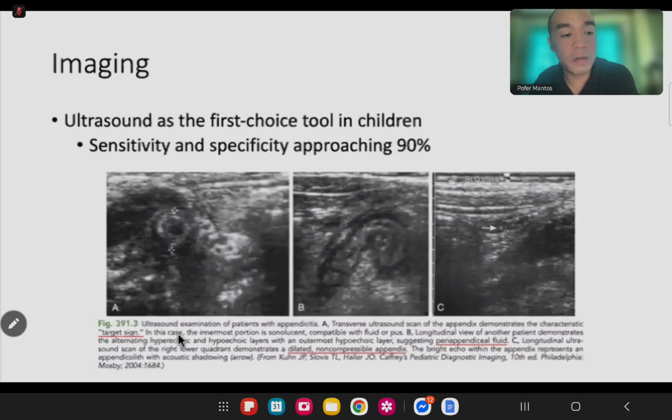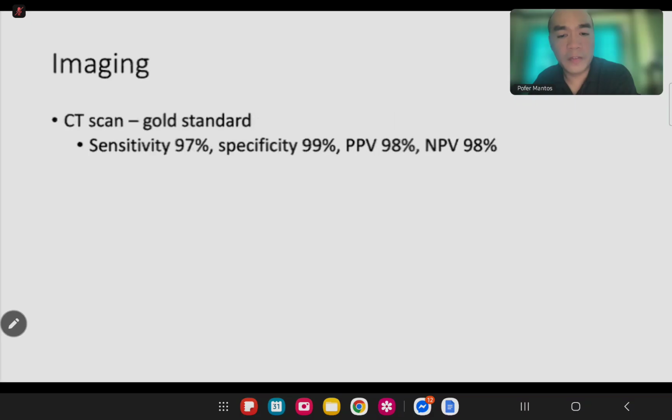So these are the signs, no, of appendicitis: the target sign, periappendiceal fluid, and a dilated non-compressible appendix. And that's why the gold standard should be the CT scan, which is very sensitive and specific, no? Although it's more costly than ultrasound, if we are really considering appendicitis, then CT scan is the best thing to do, no, to diagnose appendicitis.